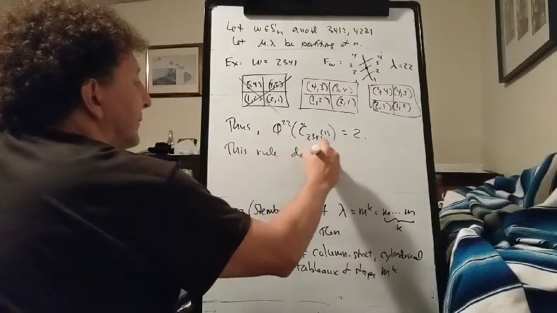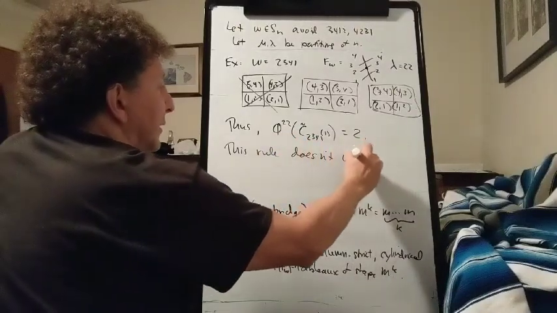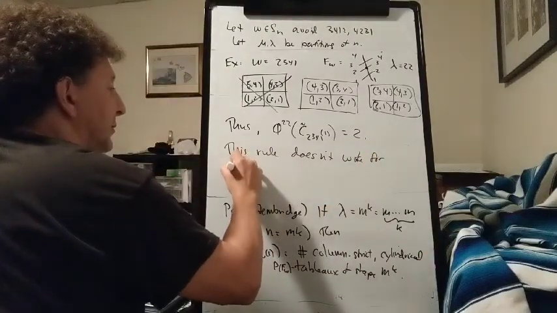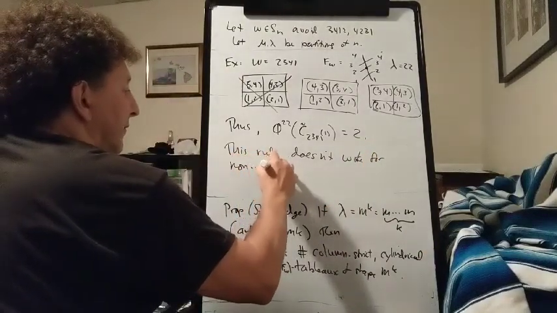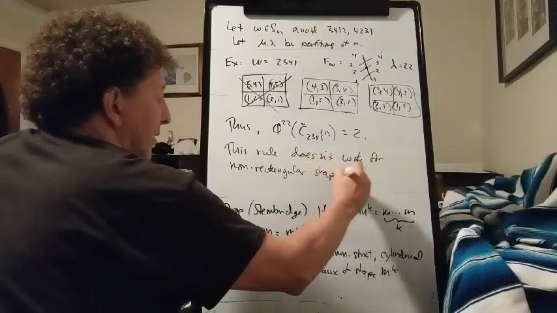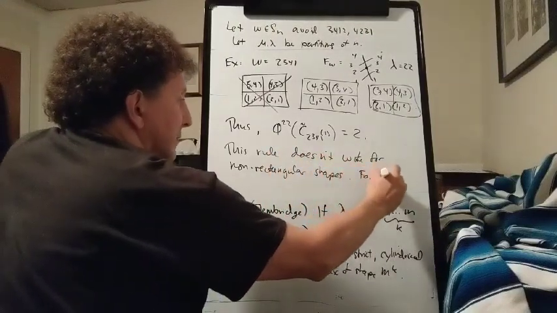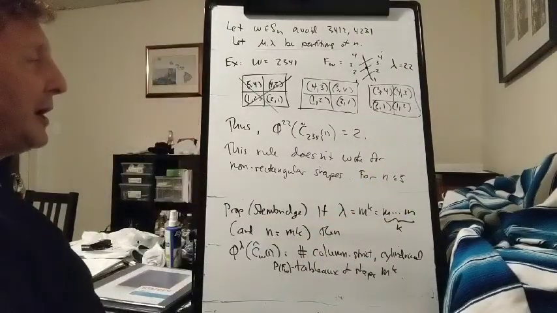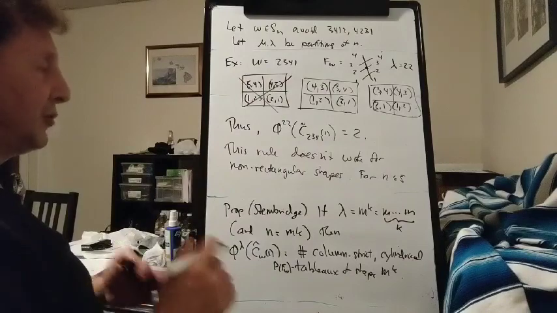And this rule doesn't work for non-rectangular shapes. And for n less than or equal to 5, it always seems to give an answer that's too low.